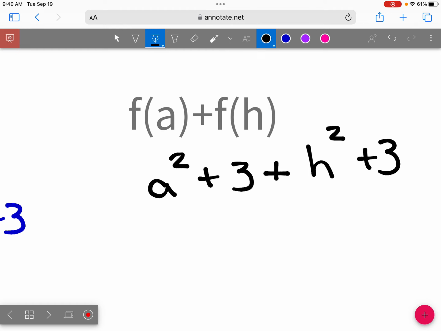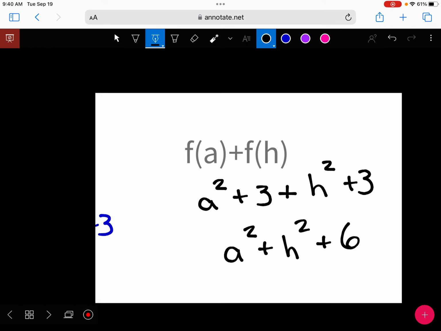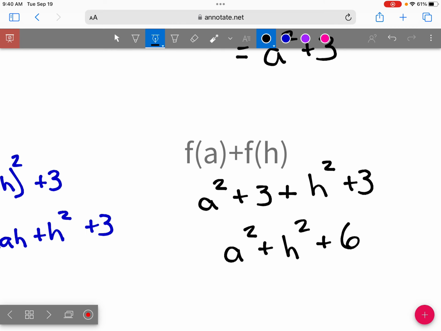So f of a plus f of h is a squared plus h squared plus 6. So do not assume that these two things are the same. They look really, really similar. They look related, and they are related, but they are not identical. They're more like second cousins. They're related, but it's distant.